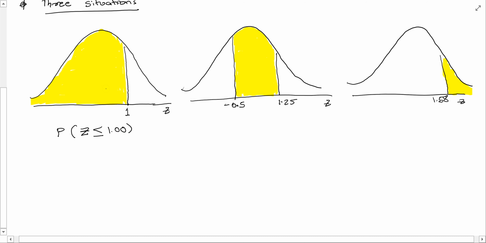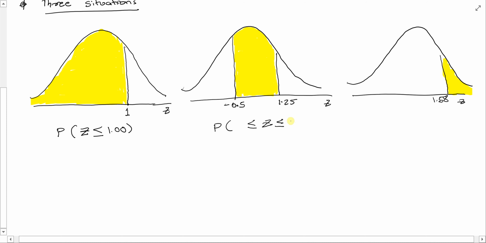We would want to find out how much is this shaded area in the first case. The second situation one might face is that one is interested to find out the area which is between two values of the standard normal.